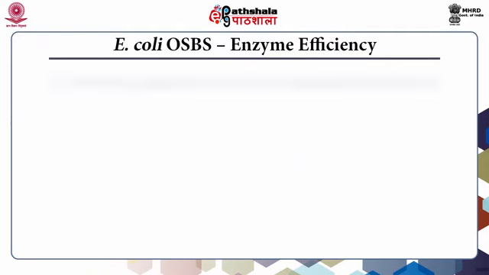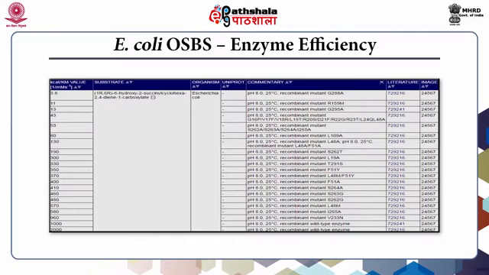In addition, the kcat over Km, that is the kcat to Km ratio list for E. coli reveals that the wild type enzyme has catalytic efficiency, that is the kcat/Km ratio, of 2000 per millimole per second, that is 2 million per mole per second.